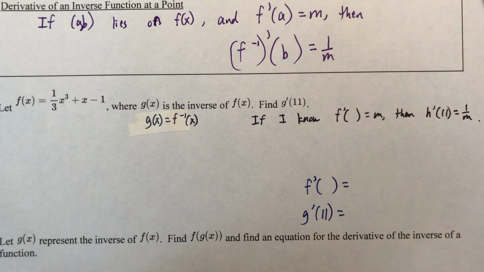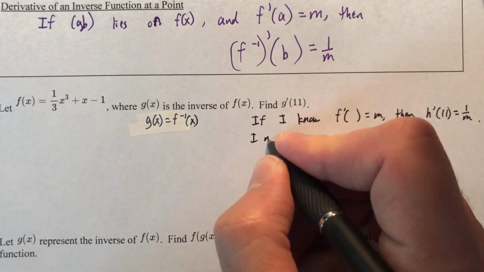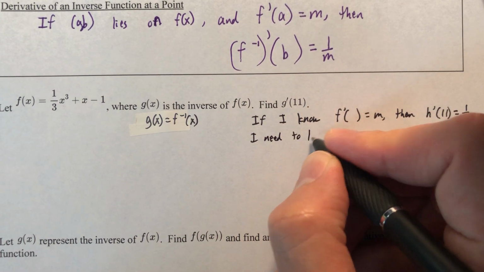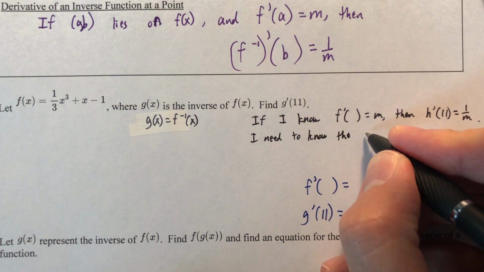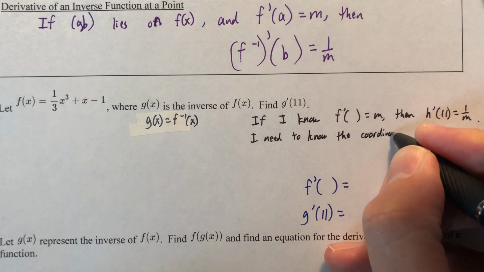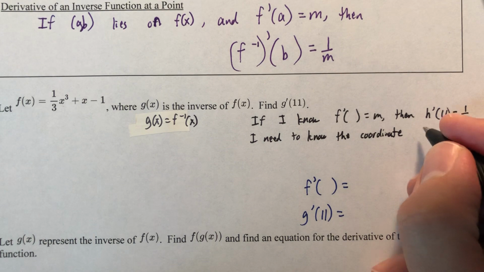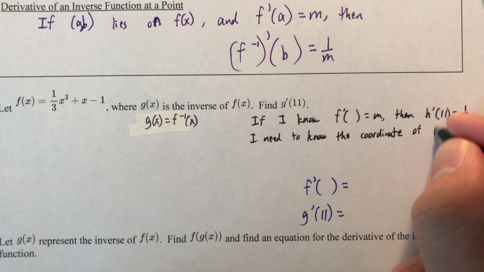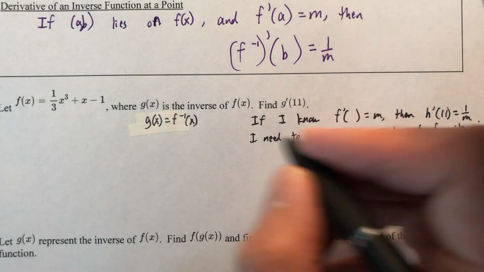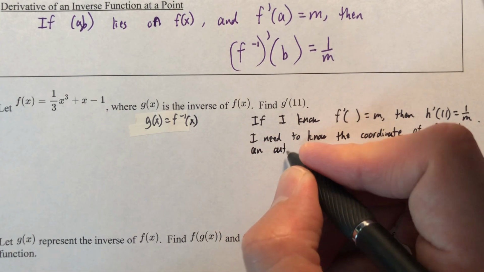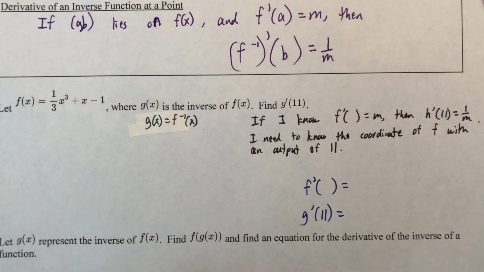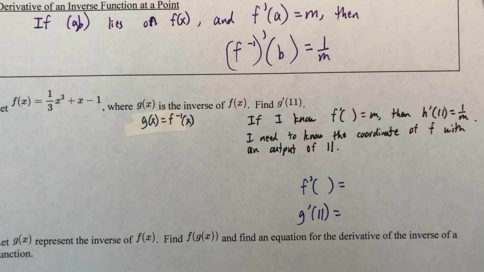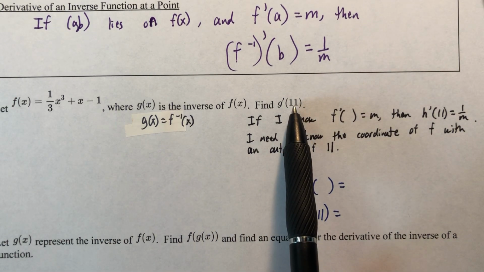So I need to know the coordinate of f with an output of 11. Again, this is a thought process; you don't have to write all this down. The output of an original function becomes the input of the inverse.